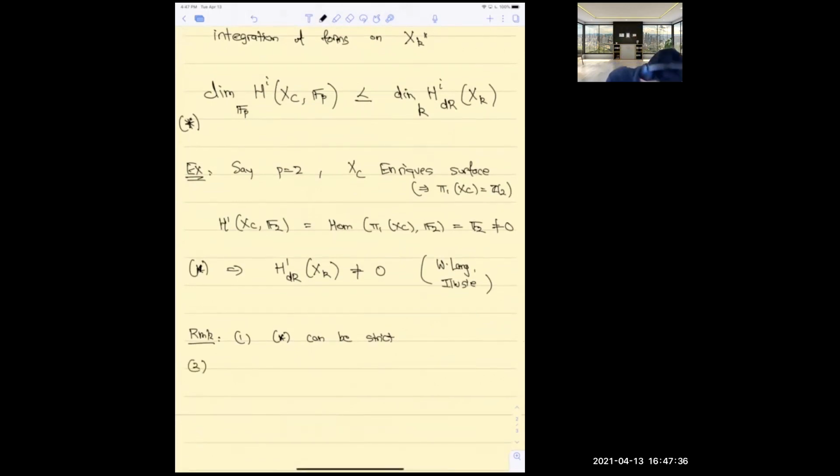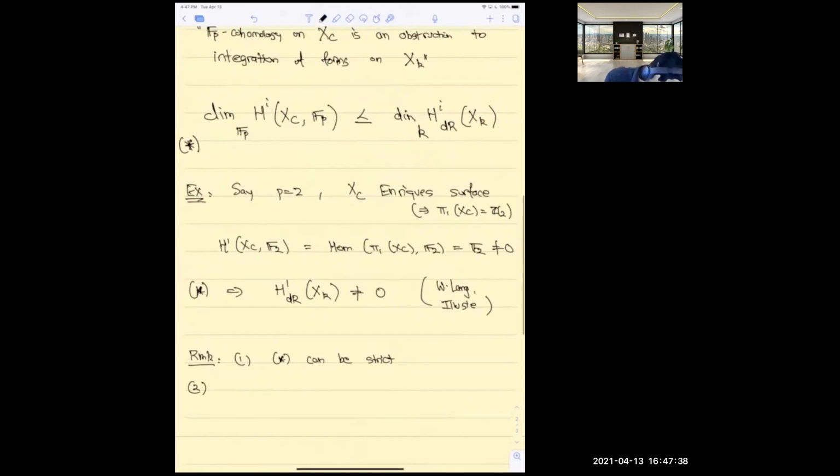The second remark is that this is kind of a well-studied thing in p-adic Hodge theory. So I will say star was known previously in some special cases, the special cases where it is actually an equality, by work of Faltings and Caruso separately.